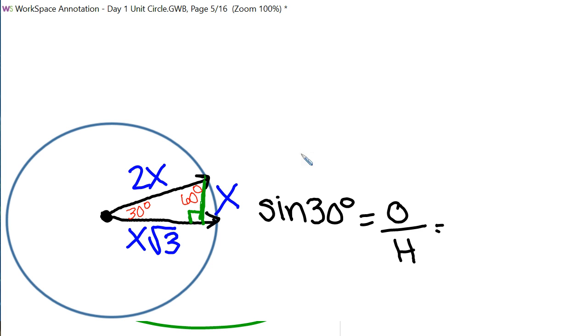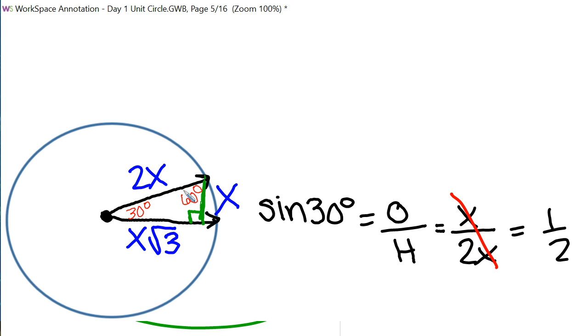What is the side opposite of the 30-degree angle? X. What is the hypotenuse? 2X. What happens with those X's? They cancel. So what does that equal? 1/2. That's the first thing you need to memorize. The sine of 30 degrees is equal to 1/2.